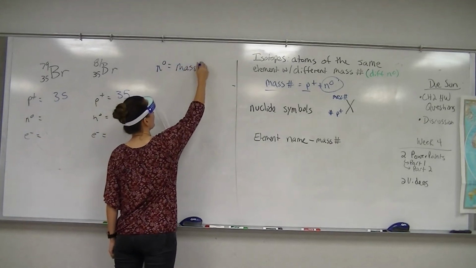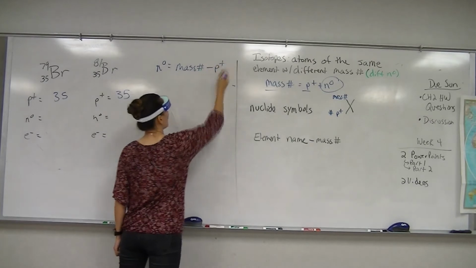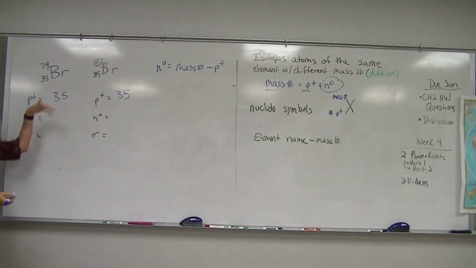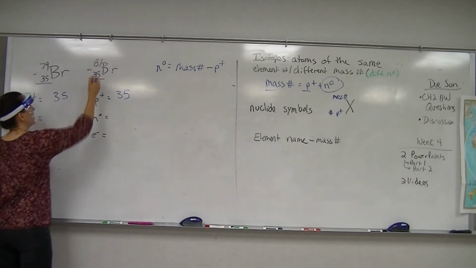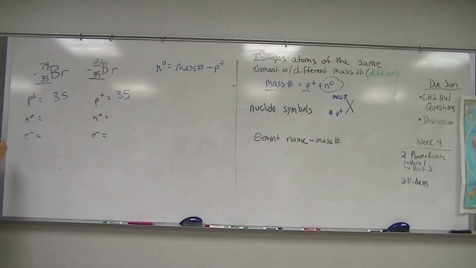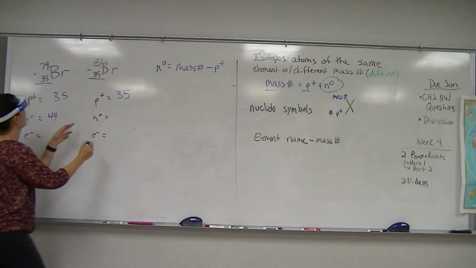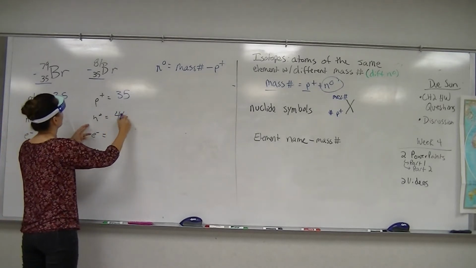You're taking the mass number and subtracting the protons. The nice thing about the nuclide symbol is it's set up perfectly for you to do that. You put a line here and a subtraction sign. 79, the mass number, subtract the protons, 35, and you have the neutrons. 44. This one's 44, and this one would be 46.